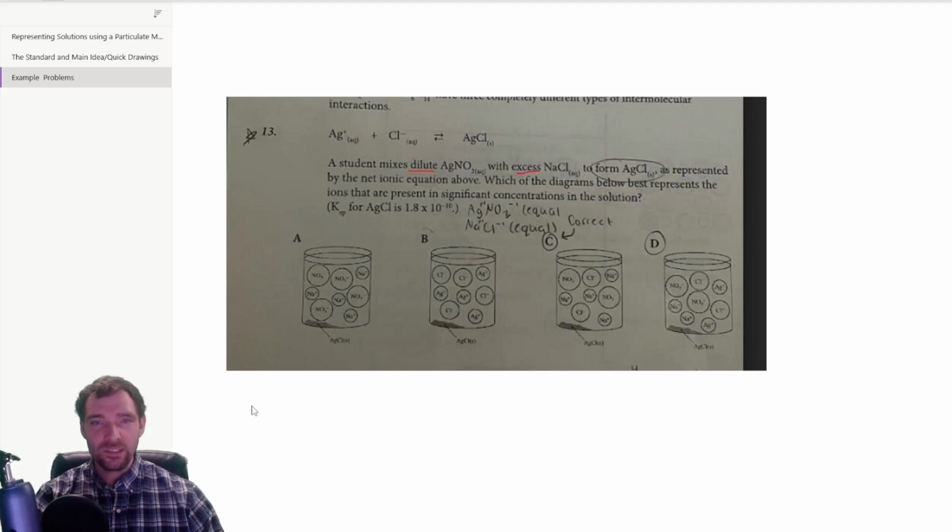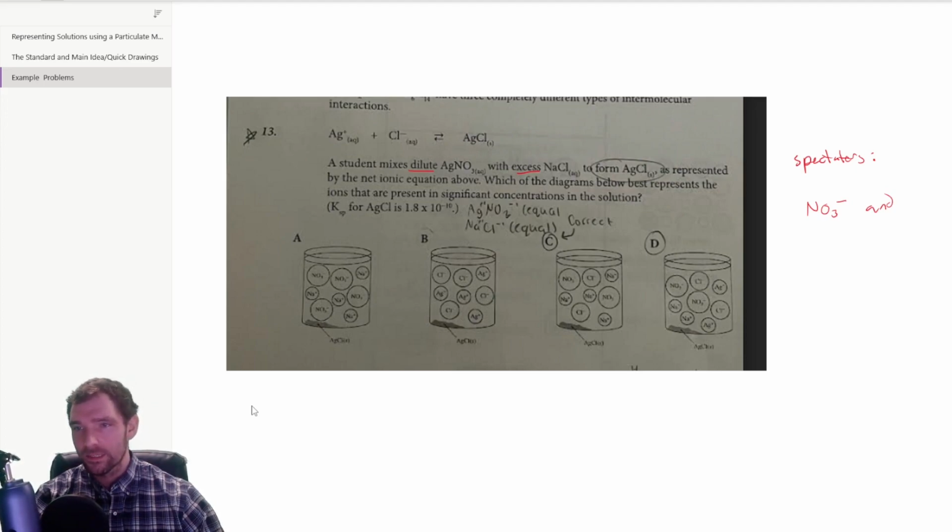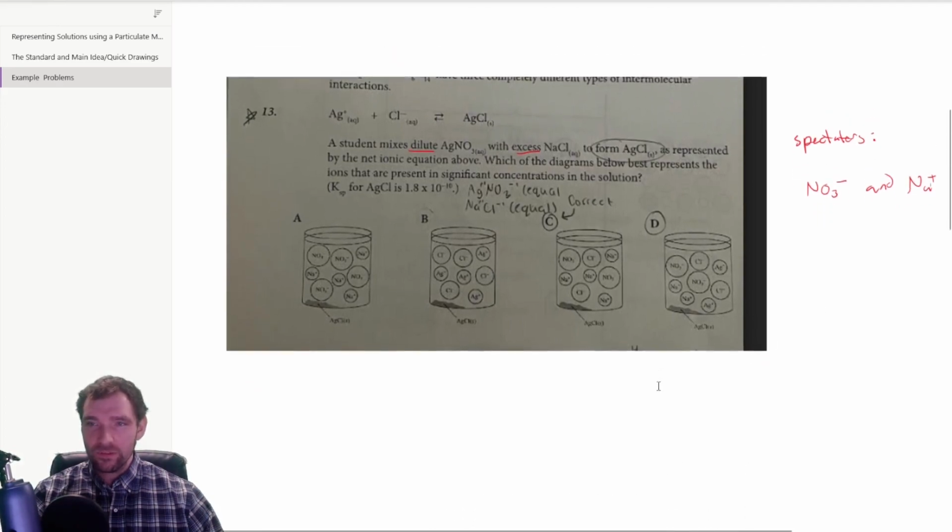So it looks like Ag and Cl are going to be actually reacting, and so our spectators are going to be the NO3 minus and the Na, because those stay as ions. They're not included in the net ionic equation, which they've included above there. So we know those are spectators.